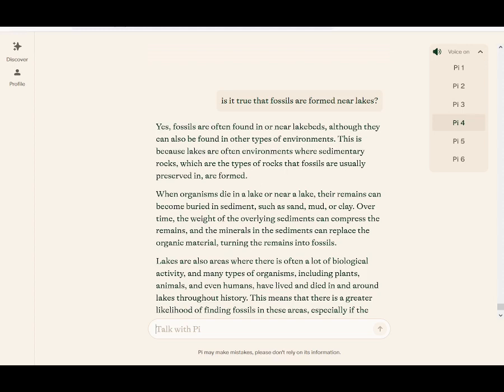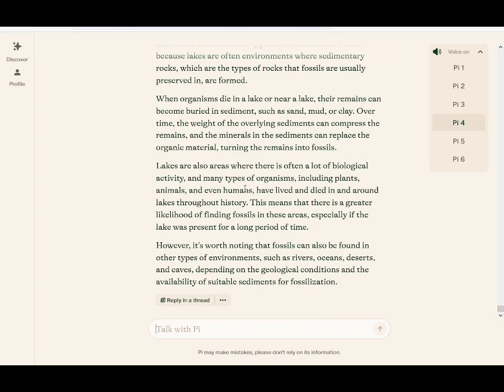Lakes are also areas where there is often a lot of biological activity, and many types of organisms, including plants, animals, and even humans, have lived and died in and around lakes throughout history. This means that there is a greater likelihood of finding fossils in these areas, especially if the lake was present for a long period of time.